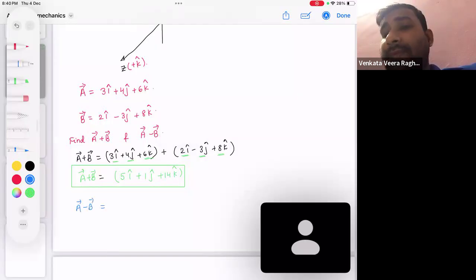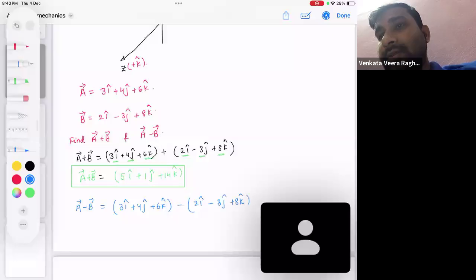When you are going to find the A minus B vector, subtract their components. Just subtract their components with their individual components, like minus 2 i cap, minus 3 j cap.